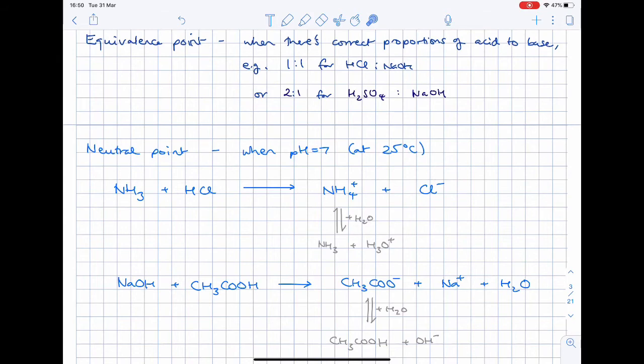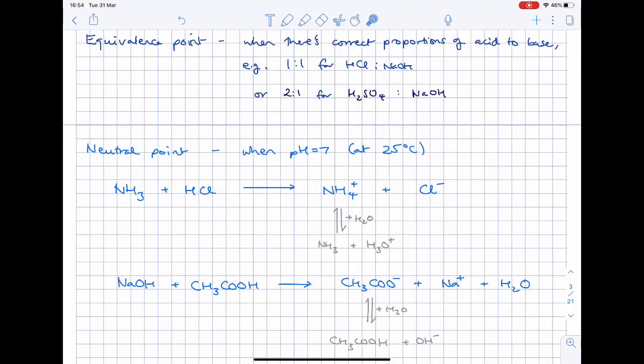So the pH at equivalence point will be below 7. It won't be neutral, so it won't be a neutral point. So the equivalence point for ammonia with hydrochloric acid is going to be below 7, and it won't be the neutral point because the pH isn't 7 at 25 degrees C, which is neutral.